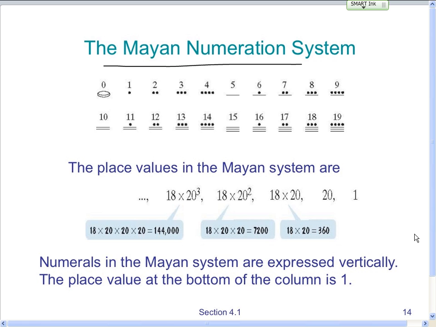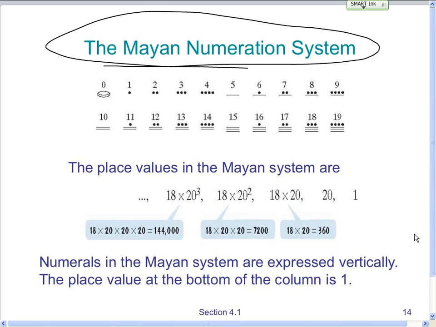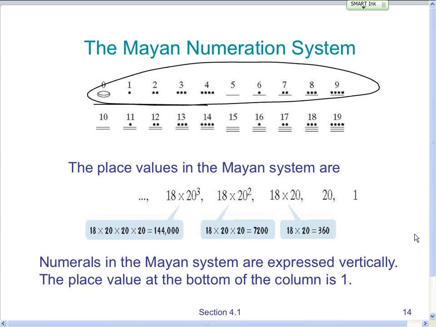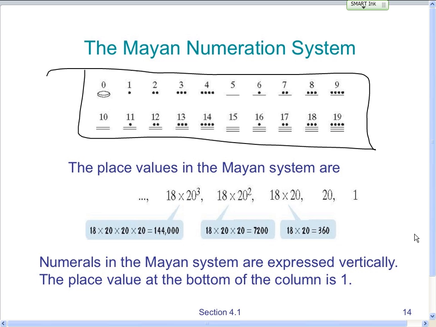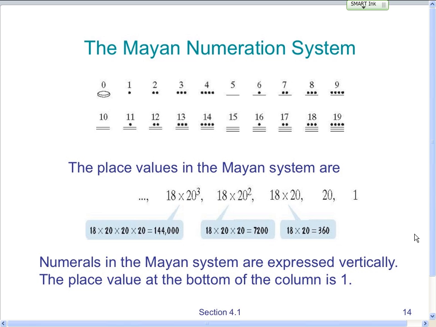In the Mayan numeration system, instead of using V's and C's, they used these symbols right here. And they represented the quantities up through 19 as sticks and dots, with the exception of 0.